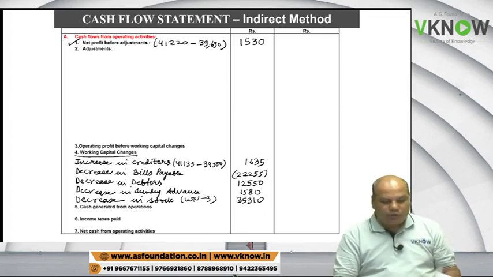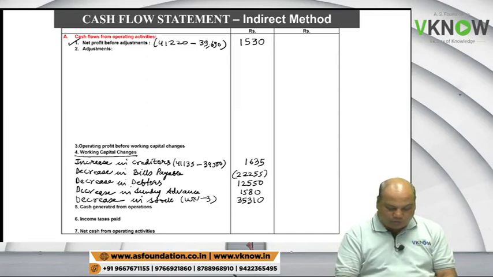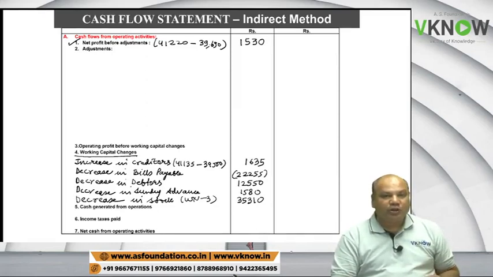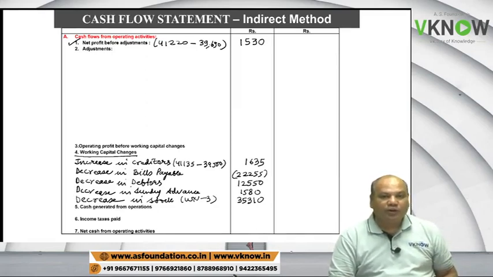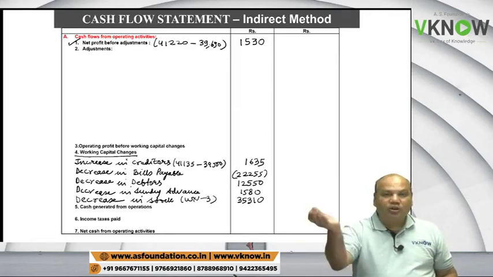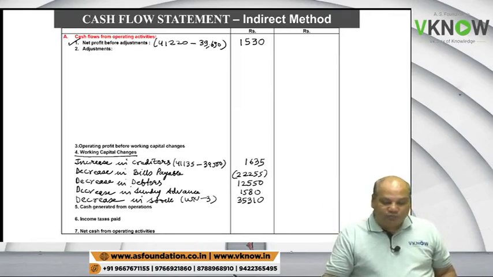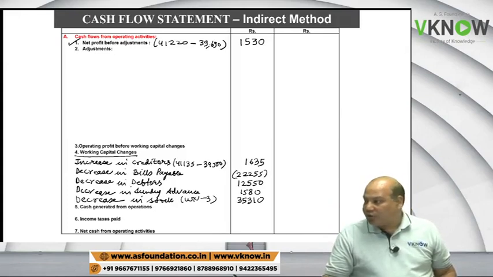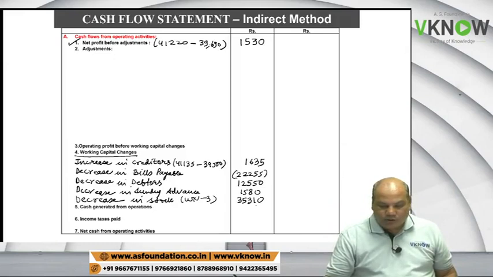Now my question is, decrease in stock, is the cash flow effect positive or negative? Decrease in stock, increase in cash flow. Okay, so this is right. Chetan is right. Come on, next line.